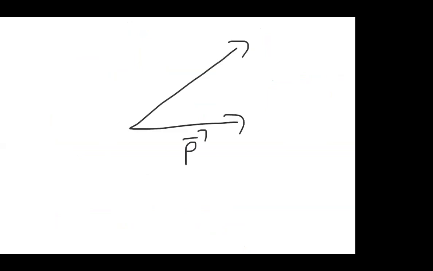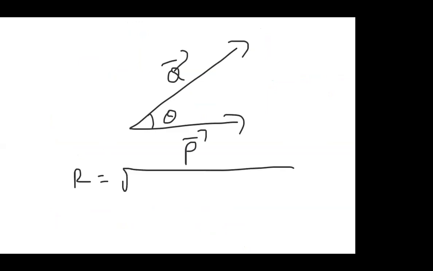Next. Here, actually, we have the parallelogram law of vector addition from long back. If this is a vector P bar and this is a vector Q bar, and the angle between them is theta, then R is equal to square root of P square plus Q square plus 2PQ cos theta. R bar is the resultant of P bar and Q bar.